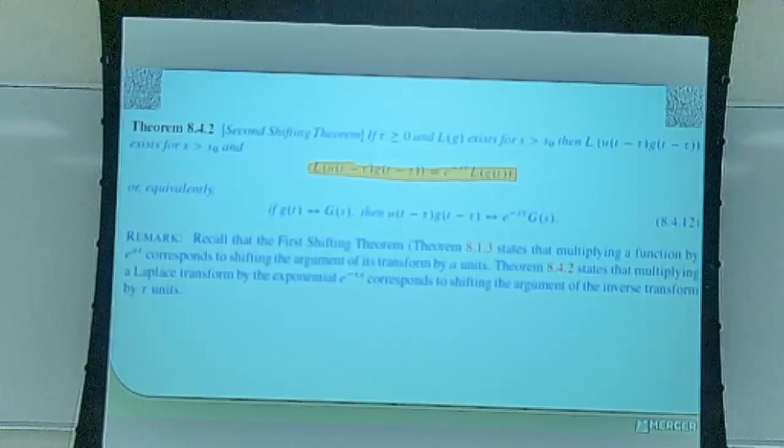The inverse transform of e to the negative s tau times big G of s, where the inverse transform of big G is little g of t, is the step function of t minus tau times g of t minus tau.